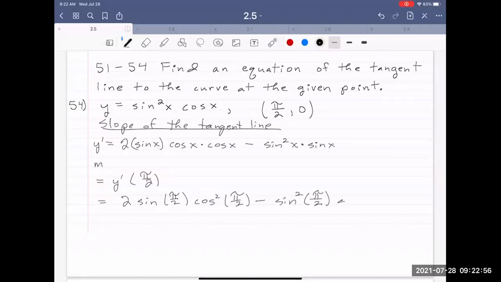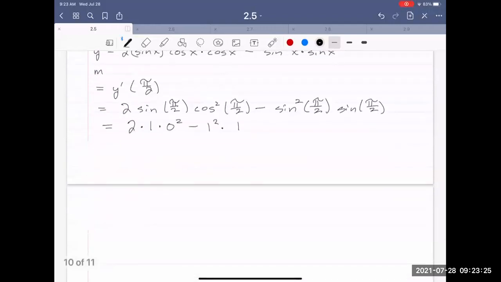Oh, sine cubed times sine of pi over 2. Sine of pi over 2 is 1. Cosine of pi over 2 is 0. And we're squaring that. Sine of pi over 2 is 1. Sine of pi over 2 is 1. And so this is just equal to -1.